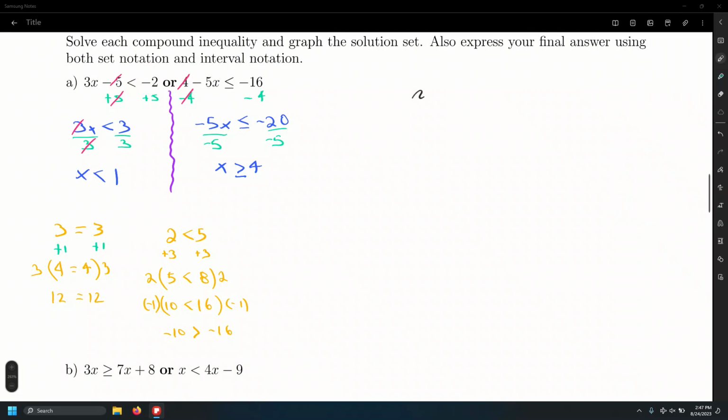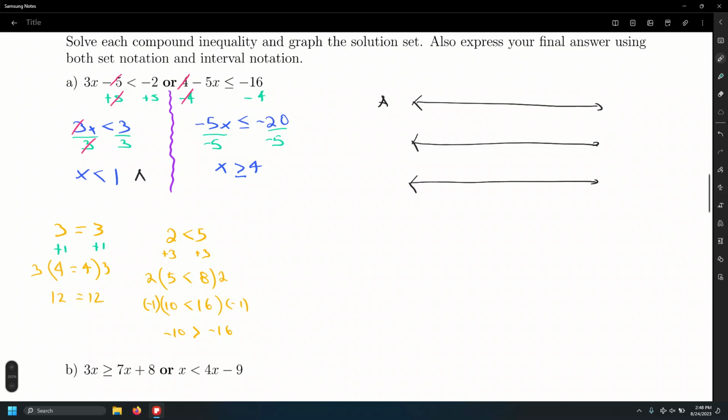Okay, let me draw a number line, another number line, and then a third number line. So this is set A. You can call this set A. This is set B. All right, let's put them together.